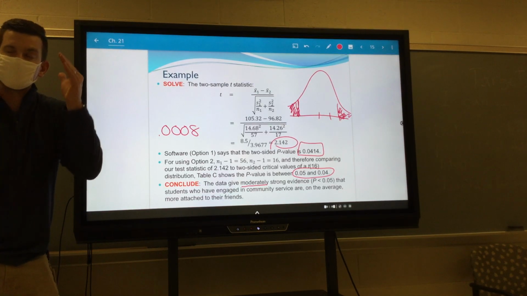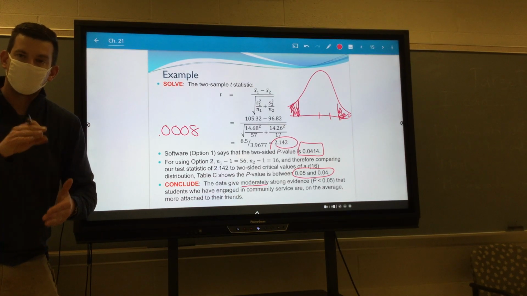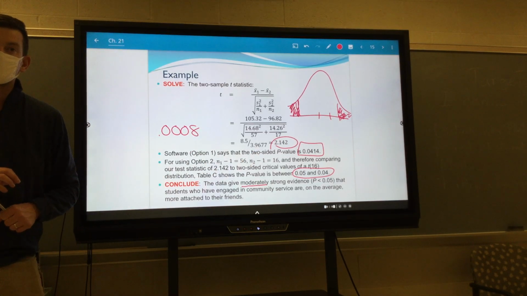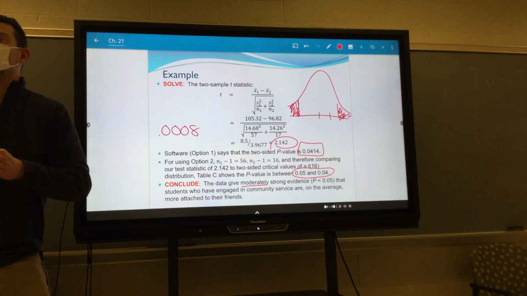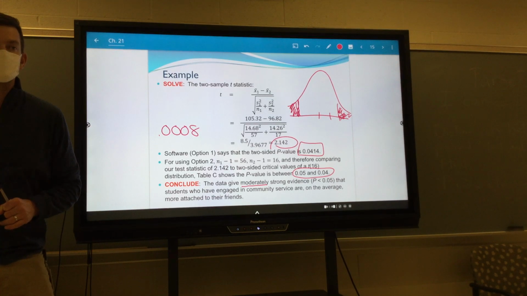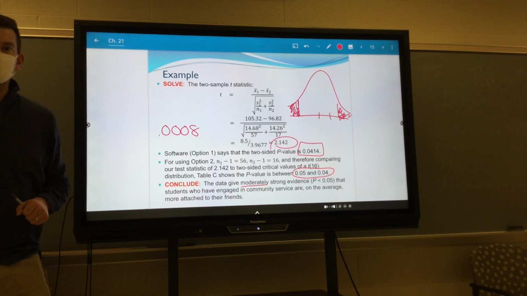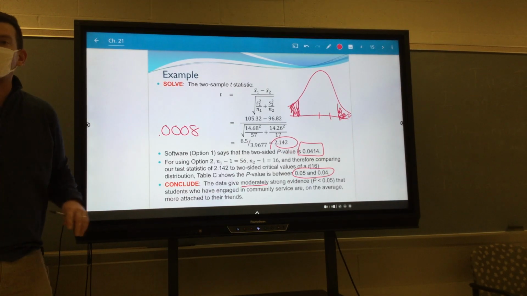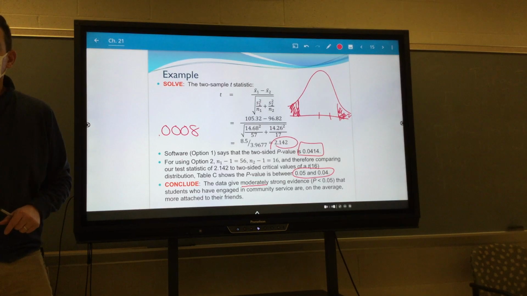Remember what p is. It's a probability. It's the probability that, if the null hypothesis is true, we would get a value this far away from what we'd expect. So in our previous example, it was very unlikely that we would get something like that as a fluke.